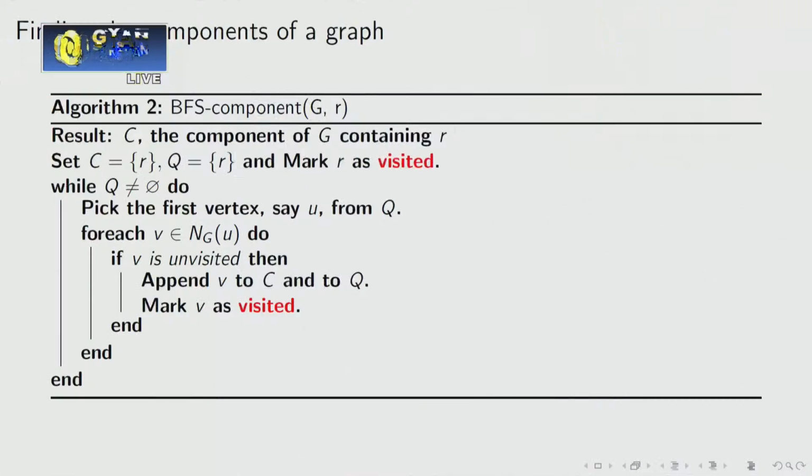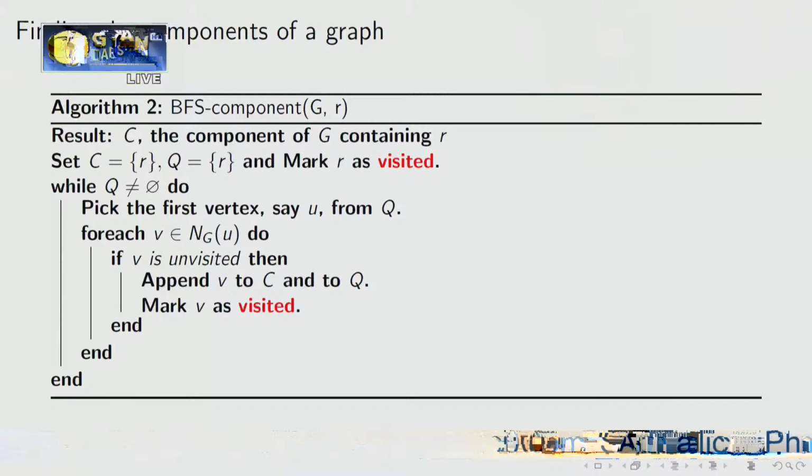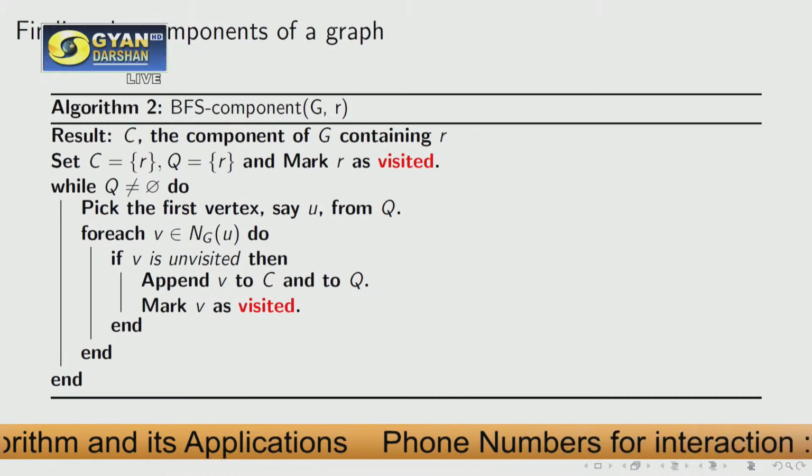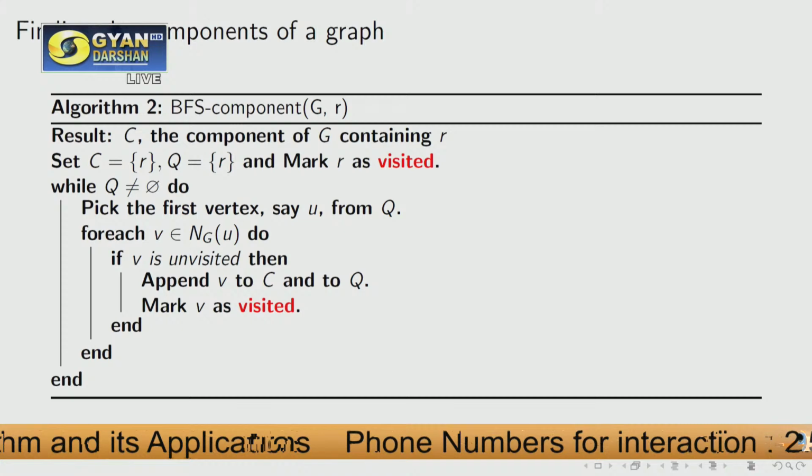In this algorithm, we have the container Q and mark v visited, and while Q is non-empty, we keep on picking up vertices from Q from the front side, and then explore their neighbors in a sequential way.